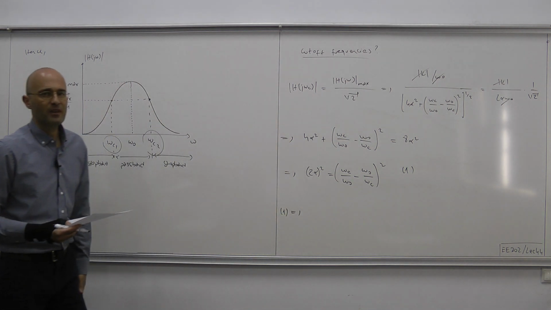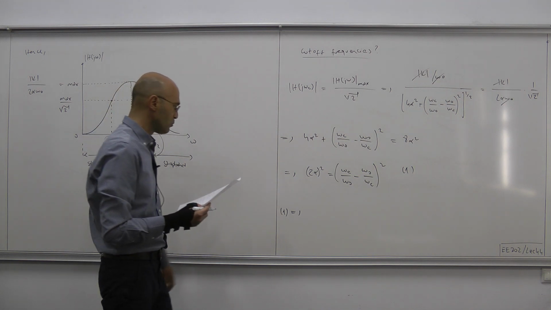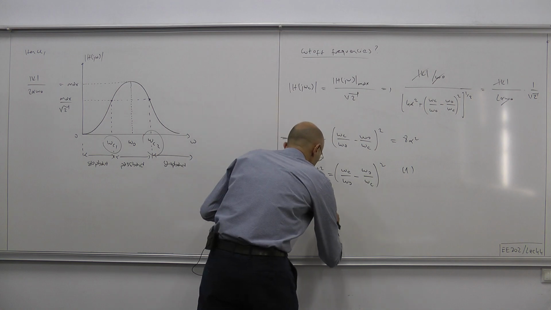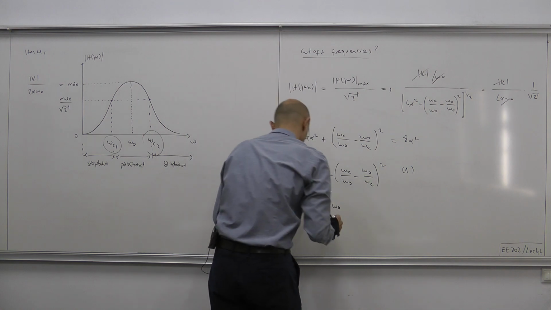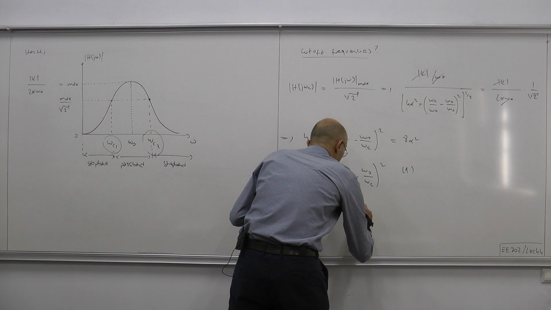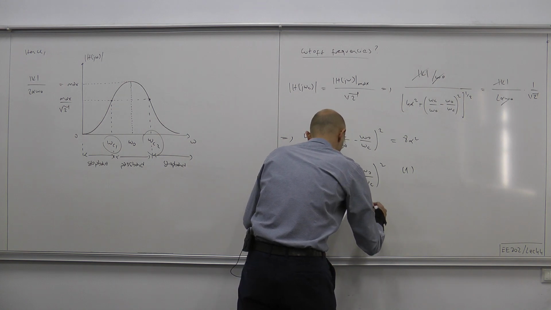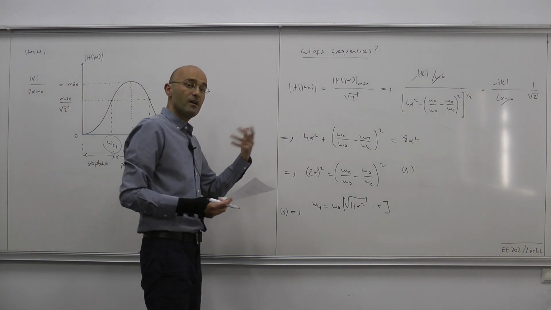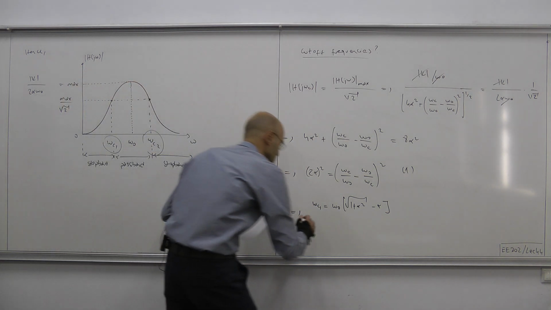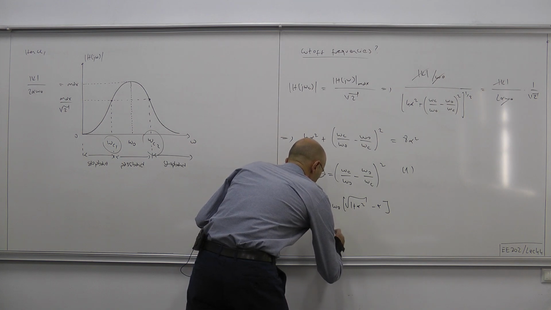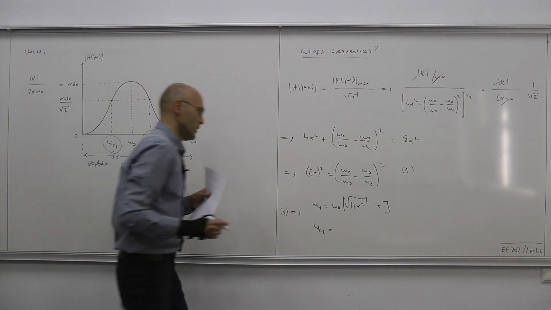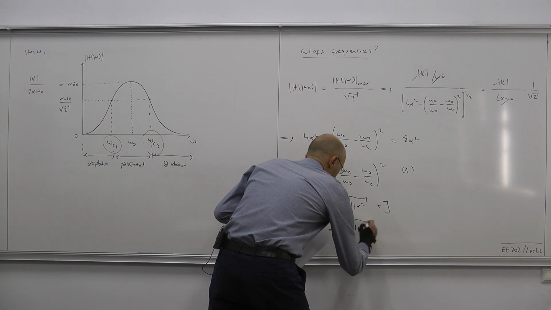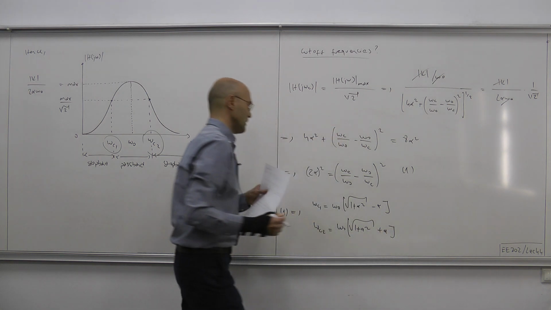That equation is solved by the following 2 positive numbers. Omega c1 equals omega 0 times (square root of 1 plus alpha squared, minus alpha). That's one positive possibility. The other positive possibility is what we're calling omega c2, and that equals omega 0 times (square root of 1 plus alpha squared, this time plus alpha).